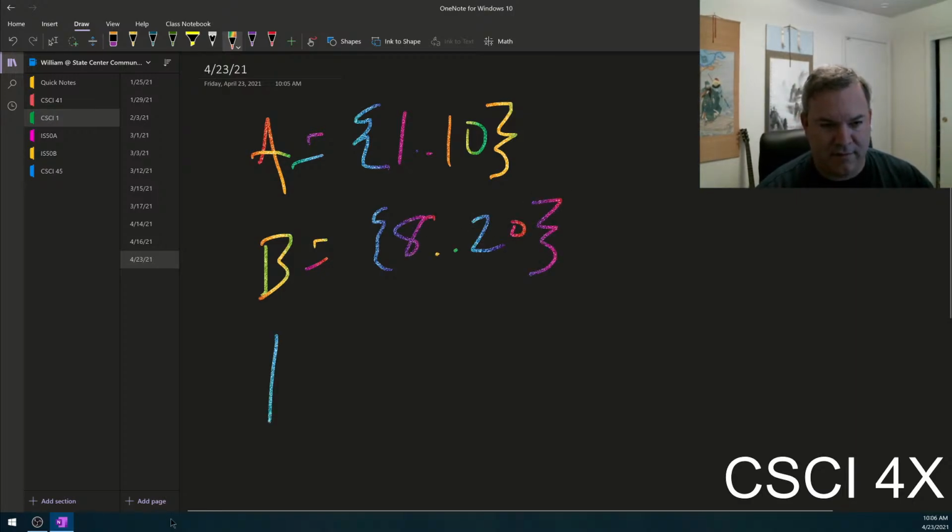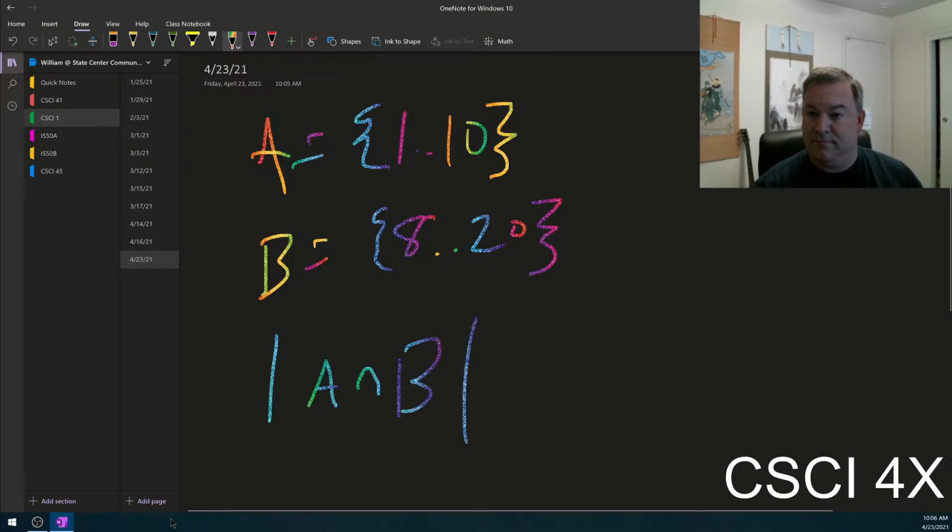What is the size of A intersect B? This would be a standard, pretty easy midterm question. A is the set of integers from 1 to 10. B is the set of integers from 8 to 20. What is the size of the intersection of A and B?